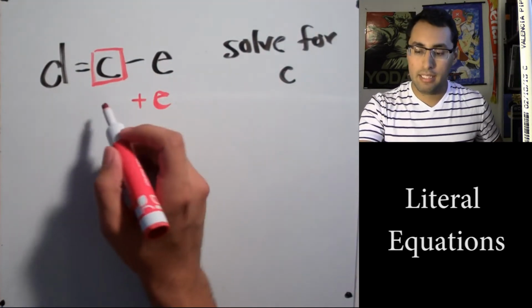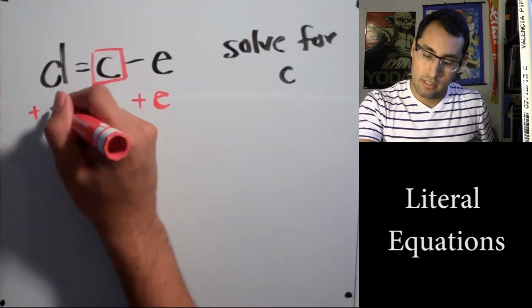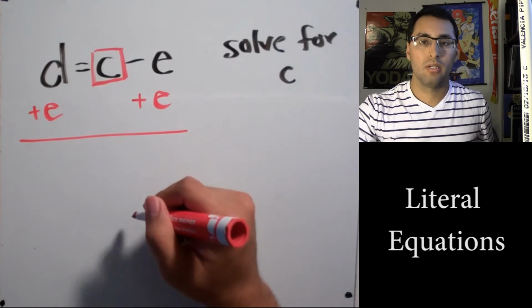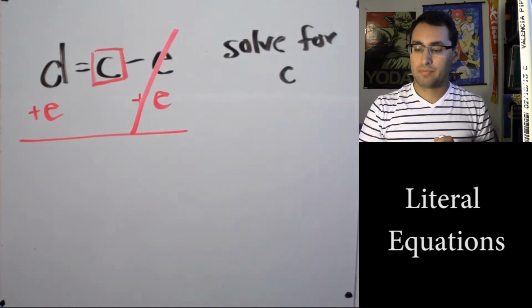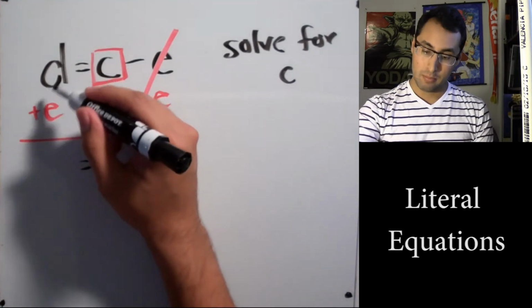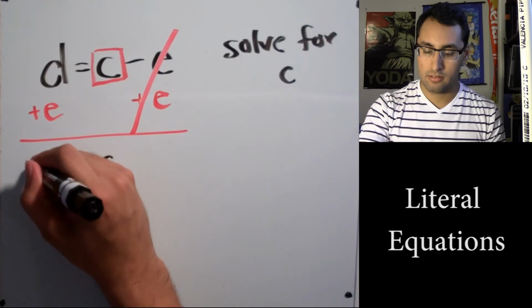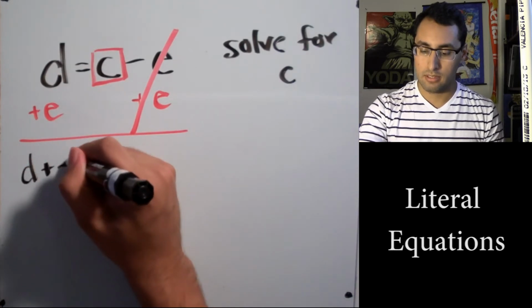Now do not put adding E over here only. You must do it to both sides. I'm going to put it also underneath the D. So this goes away. On the right hand side we have C, left hand side D plus E. It cannot combine, so you write what you see. It's just going to be D plus E.